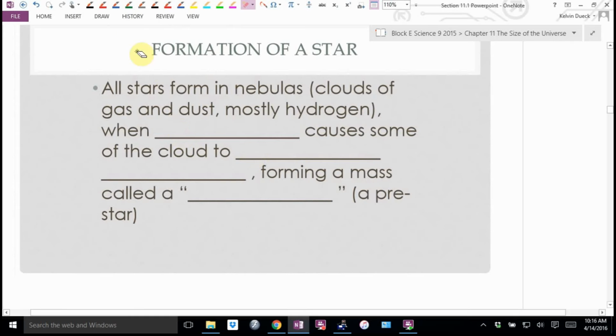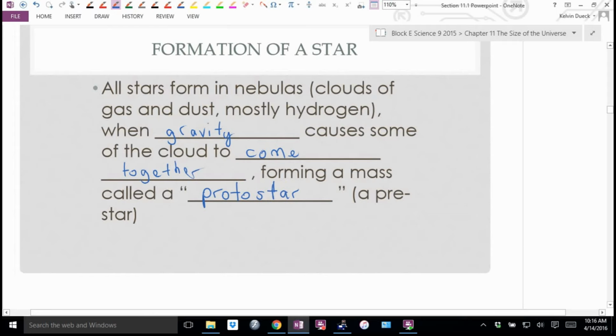When gravity causes some of the cloud to come together, this forms a mass called a protostar.